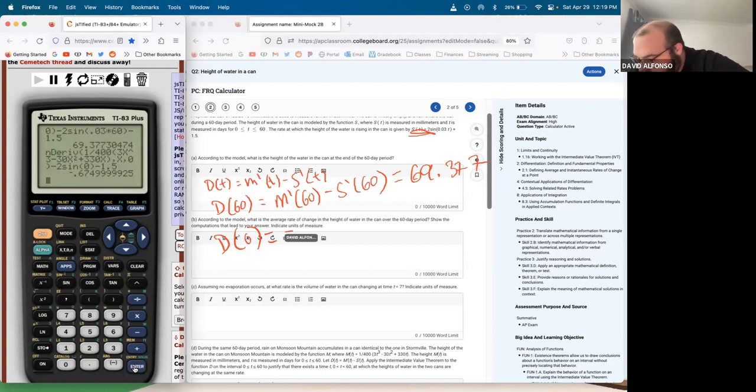So we get negative 0.265. Okay, so those are the two values. Basically, both of these functions are continuous, so we know that the intermediate value theorem applies. That means between 0 and 60, all values of D exist from minus 0.265 to 69.377.